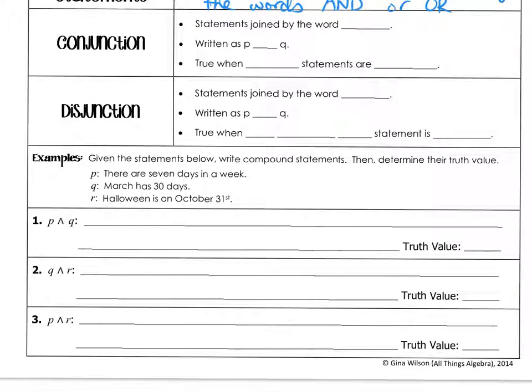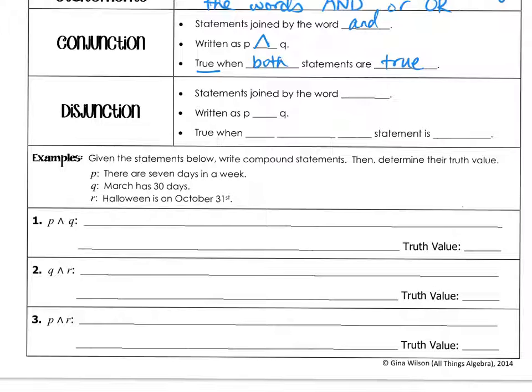And before we join statements, we need to also understand conjunction and disjunction. So when we join the statements together using the word and, that's called a conjunction, and we use this little hat to represent that. So it's P and Q. And when both statements are true, the conjunction is also true.